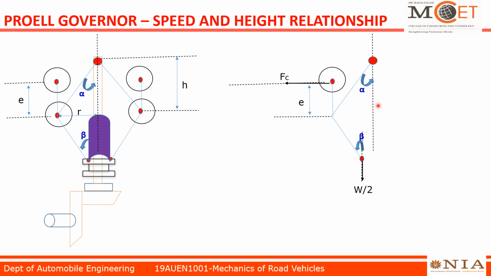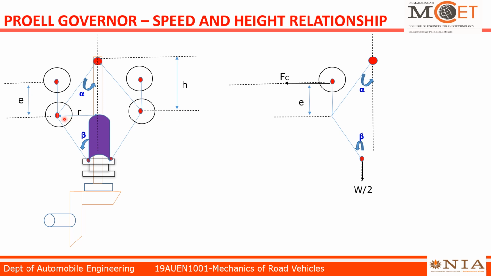And then we have to go for the forces acting on the fly ball, so that the centrifugal force acts away from the spindle. We assume the sleeve moves upwards, so that the balls move away from the spindle.